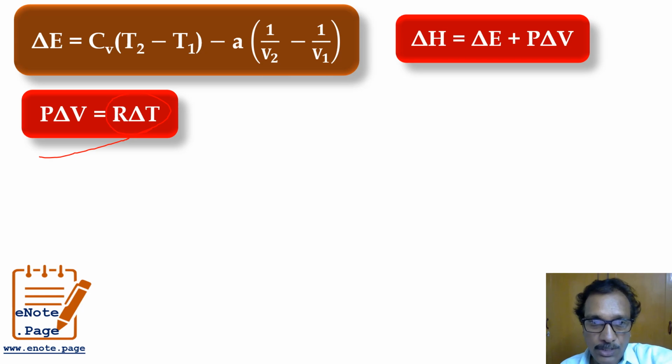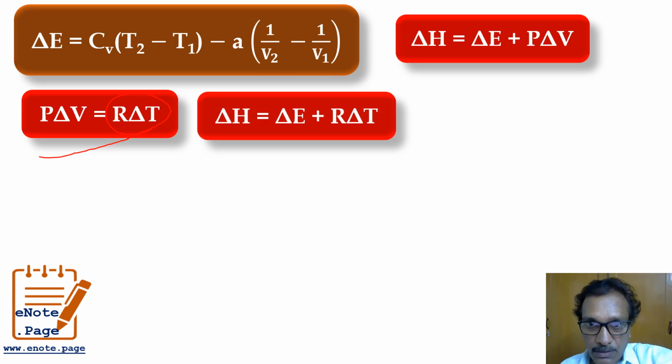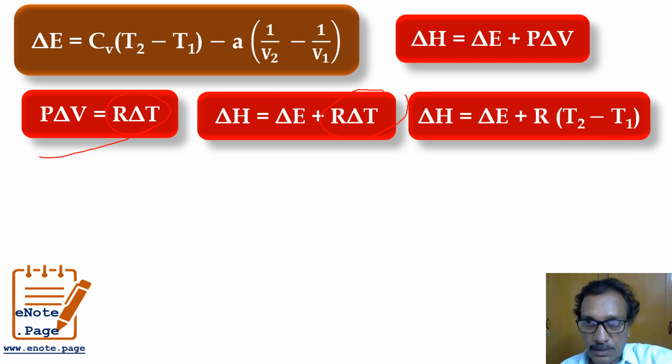So the value of delta H is equal to delta E plus R into delta T, that is delta E plus R into (T2 minus T1).